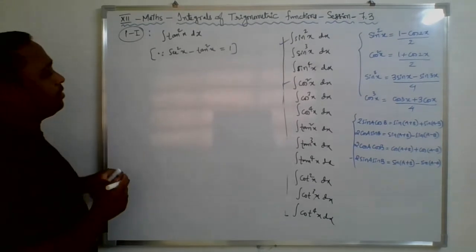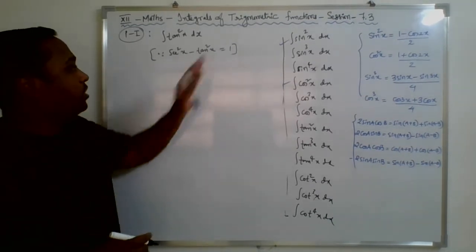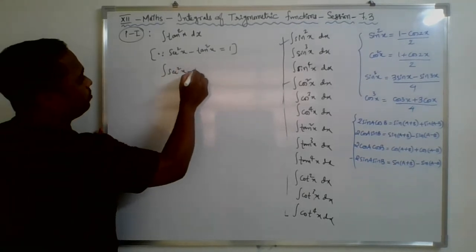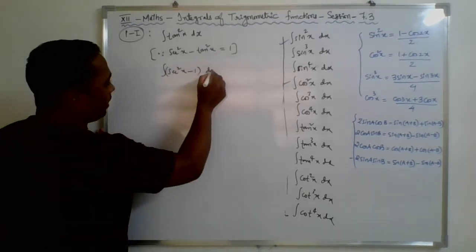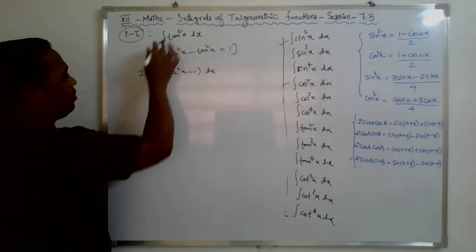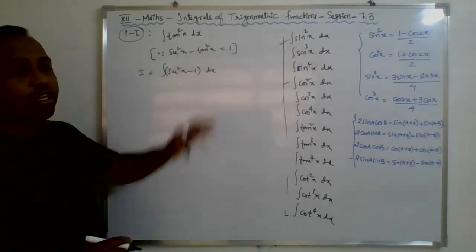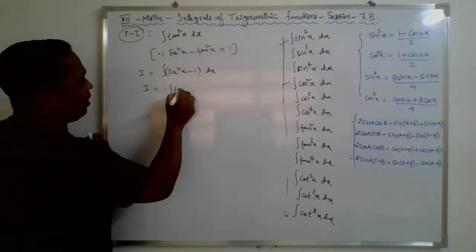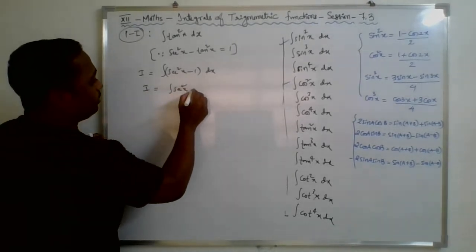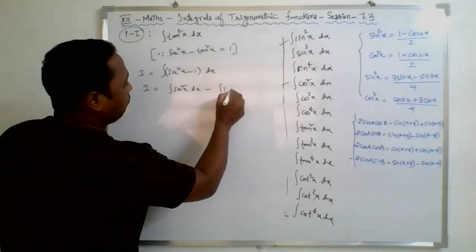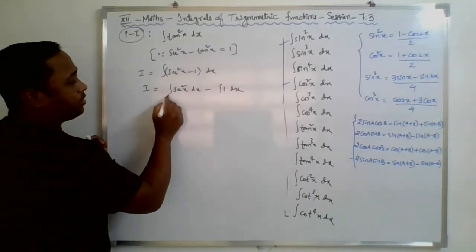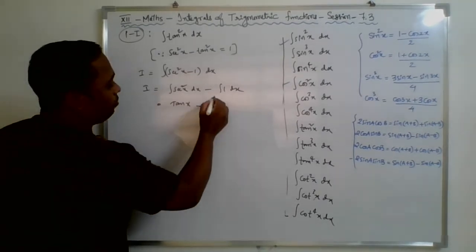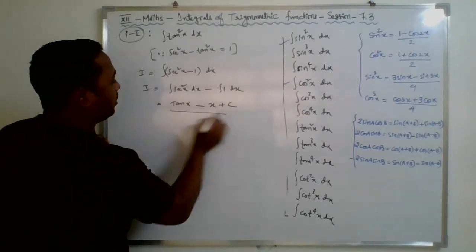So by using this identity, tan square x can be written as sec square x minus 1. Am I right? As and when you convert this, it becomes a standard form. If I separate this, sec square x dx minus 1 into dx, the integral of sec square x is directly tan x, the integration of 1 is x, plus c. Solved.